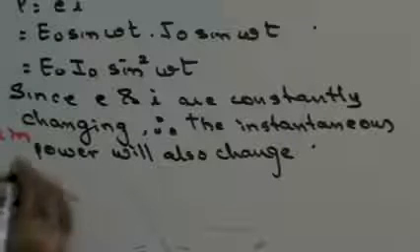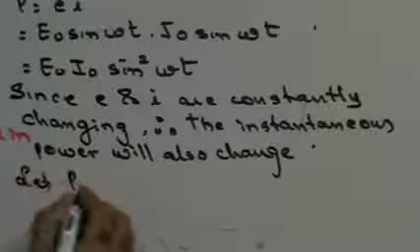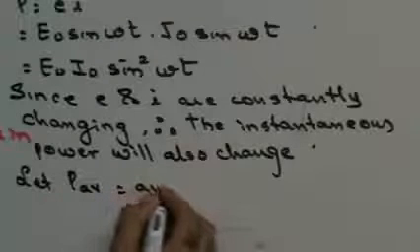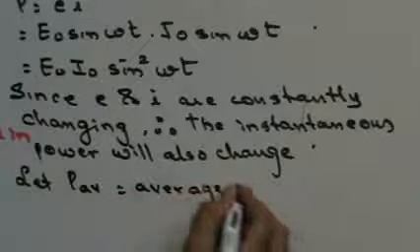Right? Now if the instantaneous power is going to change, let's find out the average power. Let PAV be the average power in one complete cycle.